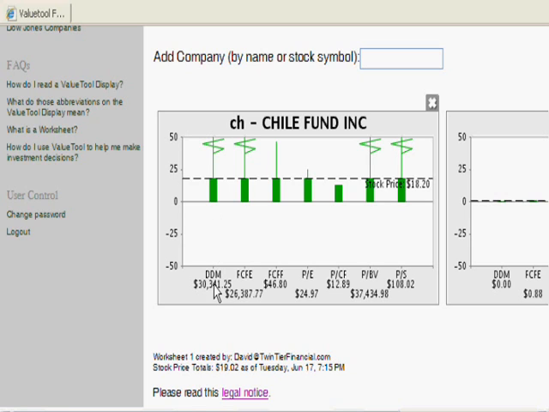Typically we don't like to see a negative valuation, and if you see a lot of negative valuations, obviously that means it's overvalued, not a good buy. A graph like this means that the stock is undervalued. Again, you can click on each of the indicators, and you can drill down and take a look at all the calculations that were done.